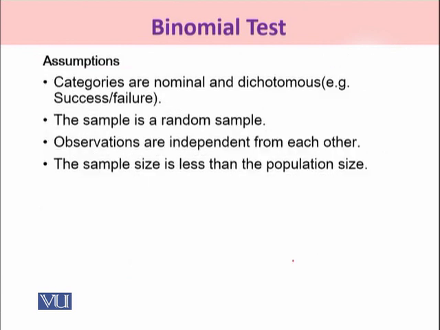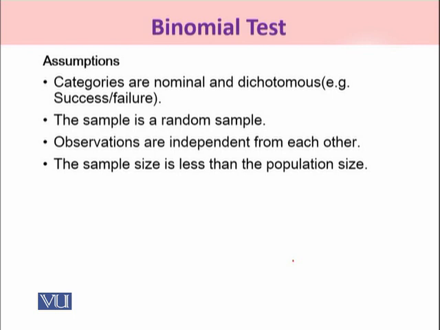Students, before applying the test onto certain data sets, first of all, we have to look at the assumptions which are to be fulfilled by our data sets. So the first assumption is that categories are nominal and dichotomous, for example, success or failure. By dichotomous we mean which can be cut into two. If we have only two possible categories for a particular variable, that will be known as dichotomous.